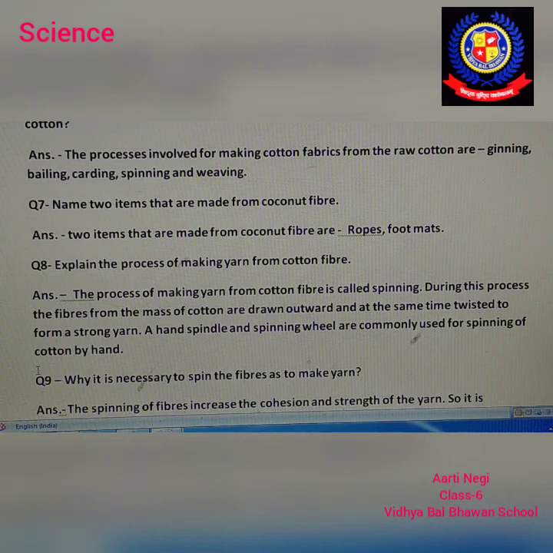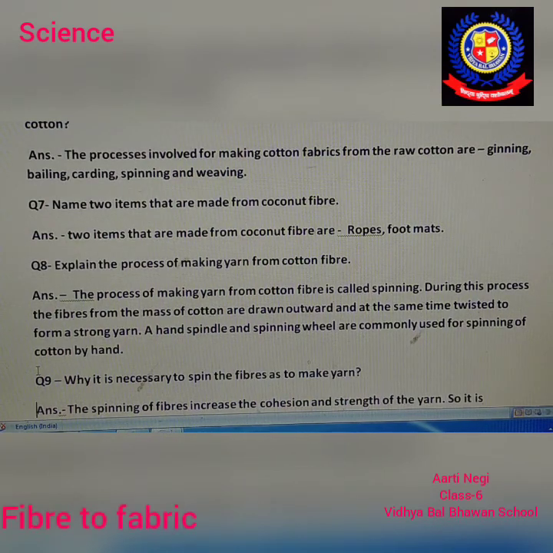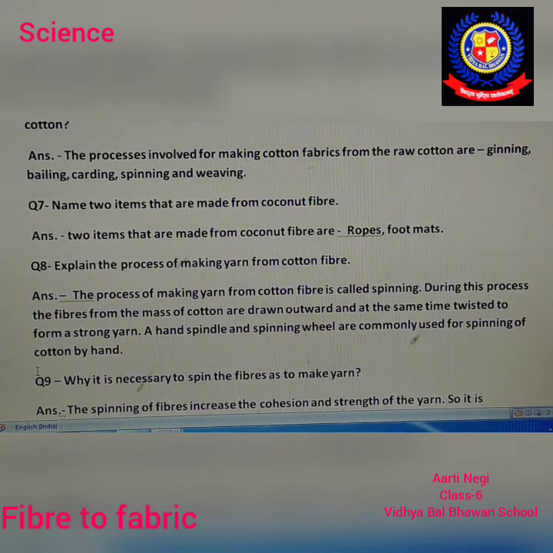And during the spinning process, the fibers from the mass of cotton, means bulk of cotton, are drawn outward and at the same time twisted to form a strong yarn.